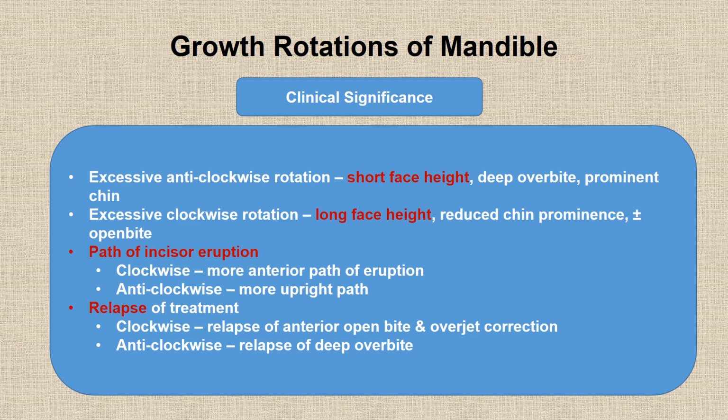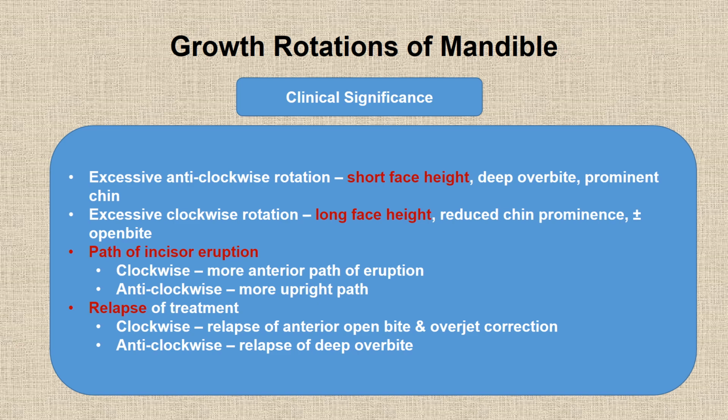The excessive clockwise rotation on the other end results in what is known as long face syndrome, whereby the vertical facial height is increased, there's reduced chin prominence, and an open bite.